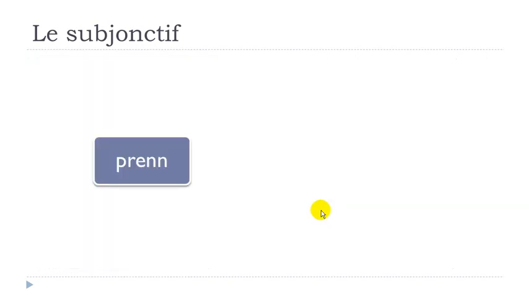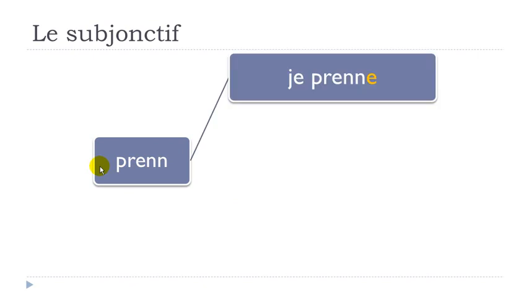So we'll take these first parts, the part that we took away from this ils form, and then we'll put je. Je, we take it back, have a look, it goes here, and we put the ending.